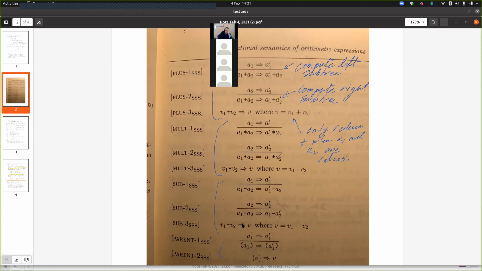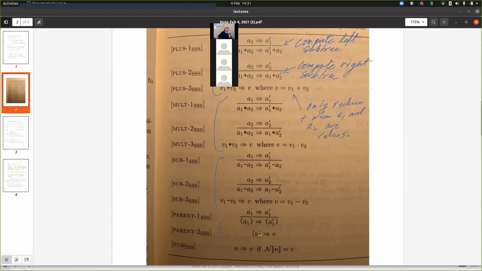Then down here, you've got 2 rules for parentheses. This one says go and do some computation in the thing under parentheses. That gives you A1 prime. Put that there. Only eliminate the parentheses when you have an actual integer in the expression there.